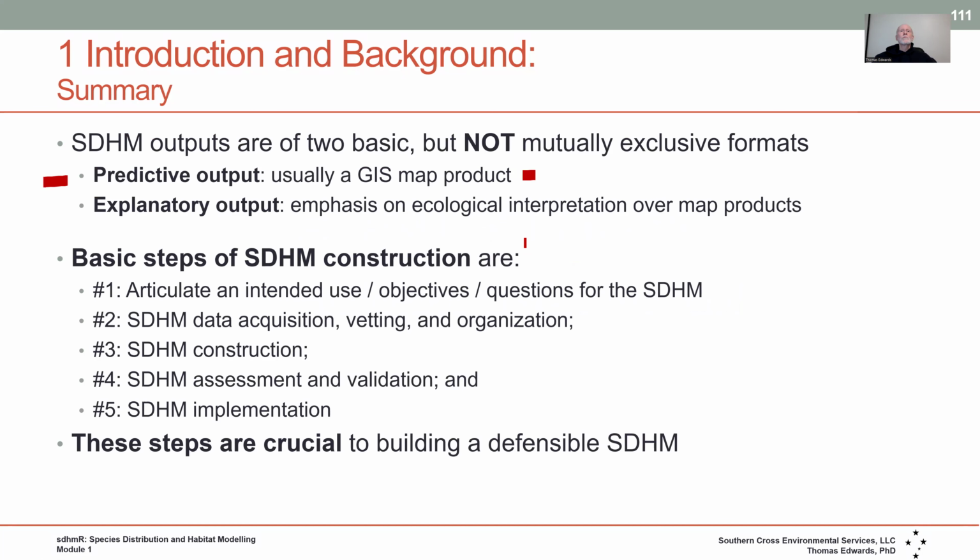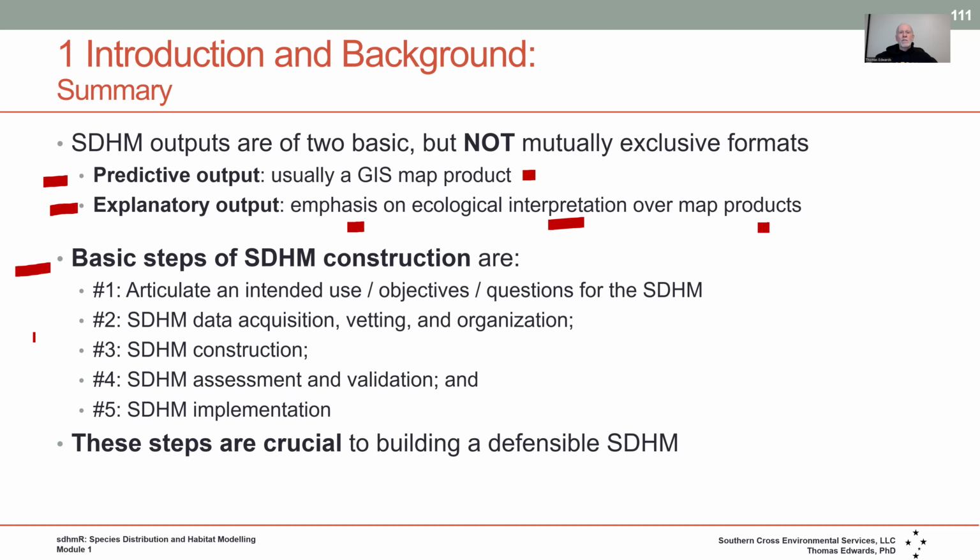Typically, one of these is predictive output, what I refer to as a GIS map product. A second is an explanatory output that has an emphasis on ecological interpretation over map products.